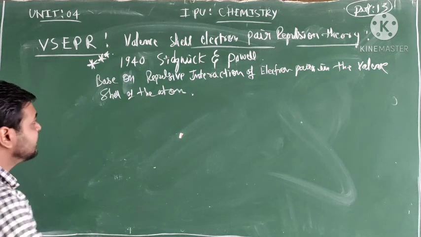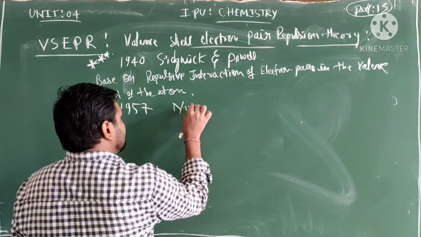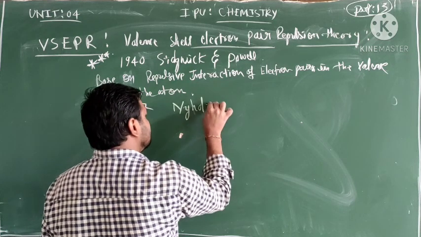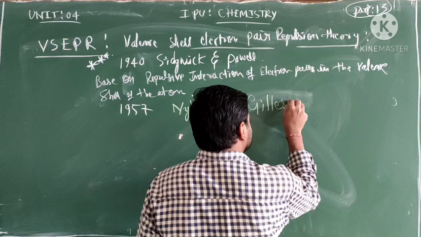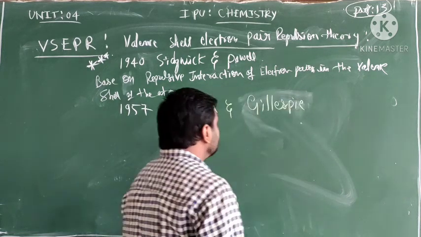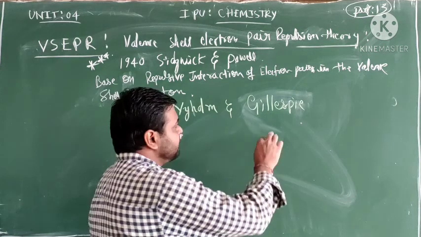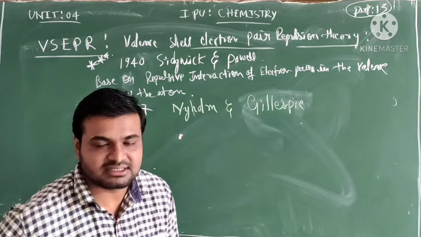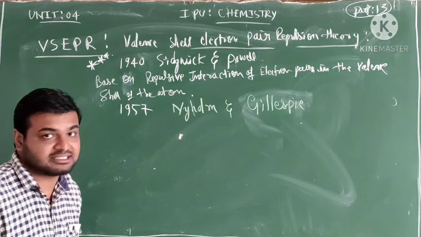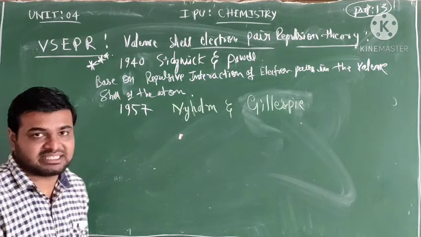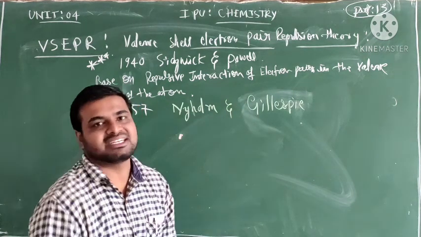Later in 1957, Nyholm and Gillespie further redefined the first statement of the VSEPR theory, modifying it slightly.